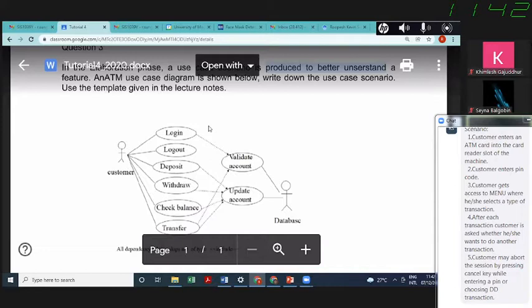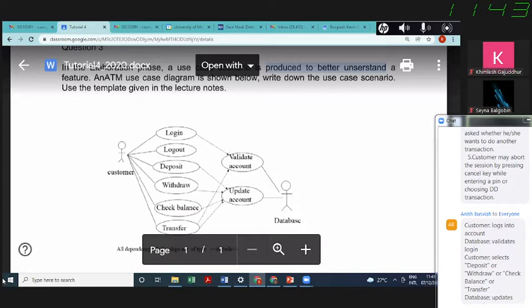Let's have a look at the answers from the chat. From Isha: the customer has to log into the database to validate his account. The customer use case includes deposit, cash withdrawal, check balance, and transfer money. The database then updates the account and he can log out.